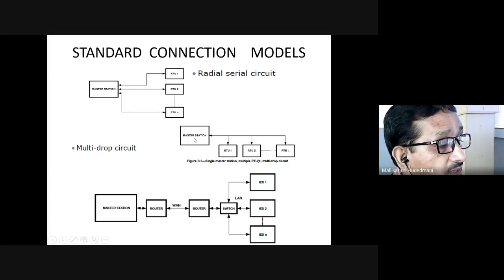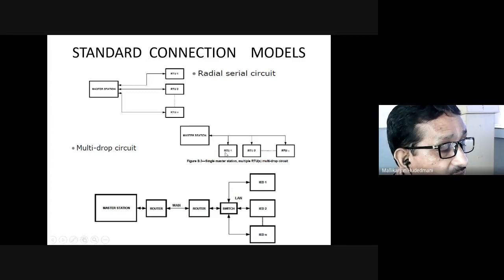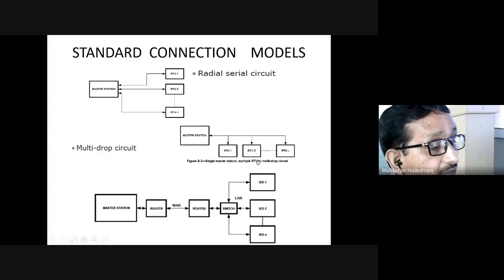The master station has connectivity with RTU1, RTU2, RTU3 as well, and the information channel is common. Here there is no dedicated one-to-one connection from the master station to remote station 1, 2, 3. It is a common channel being shared, from which tappings are taken, networked appropriately.